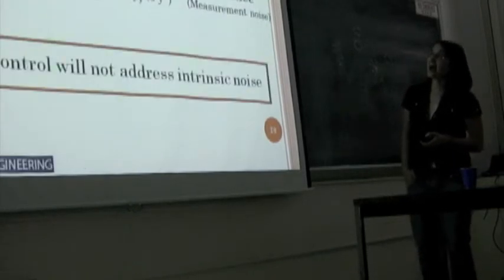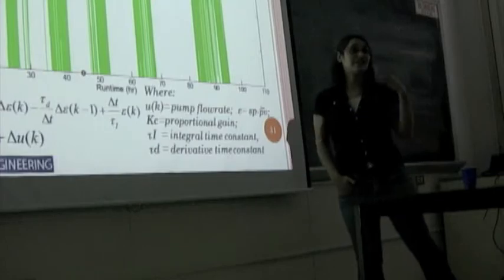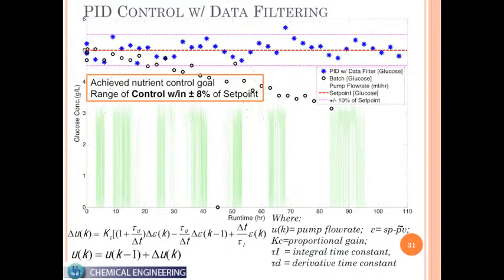And we achieved that by implementing what's known as a PID controller. It's not that complicated. It's basically just a way that we can measure what our glucose is. We do some calculations and we figure out what flow rate we want our feed pumping system to deliver a glucose-rich solution.